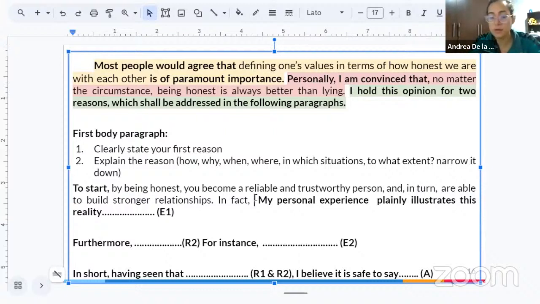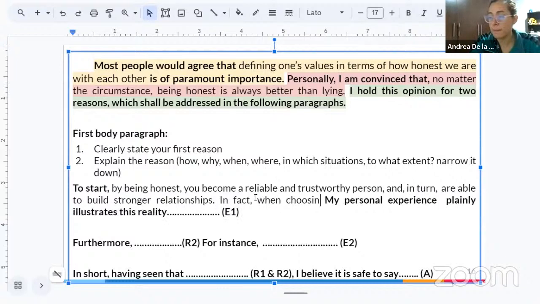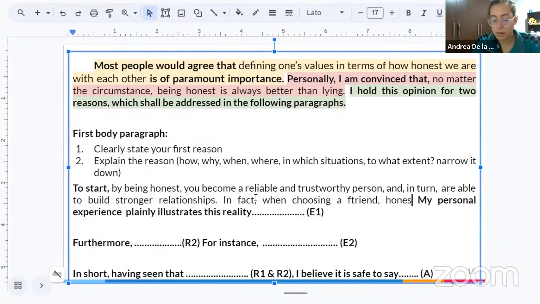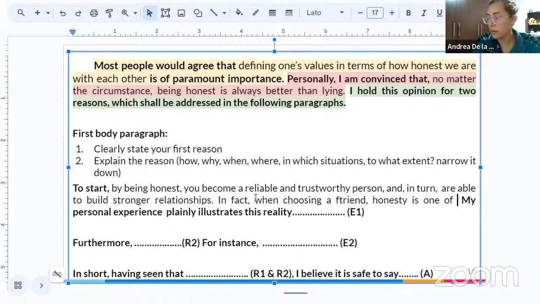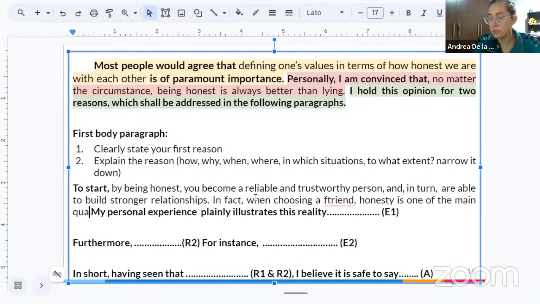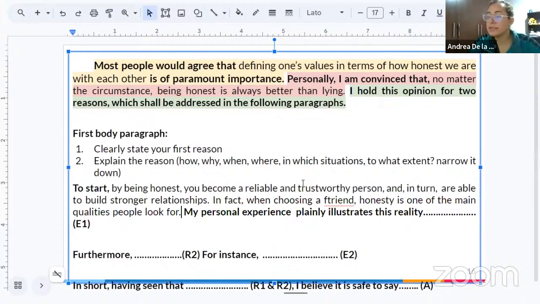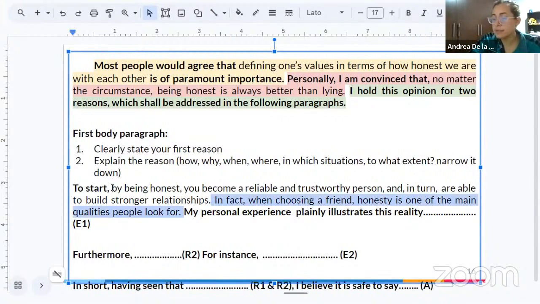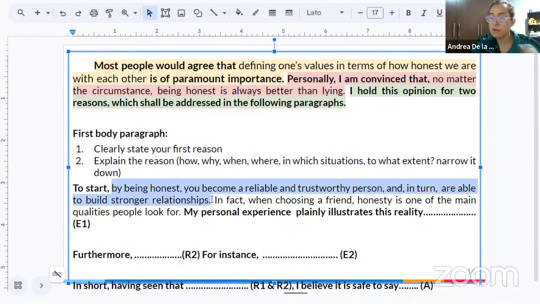So I'm gonna write it down. Right? So this is just an example. What I'm doing here is, in the first sentence, I'm talking about the reason in general, right? Being honest makes you build stronger relationships. And in the second sentence, I am narrowing it down to one specific context, friendships, right? So you can do that.